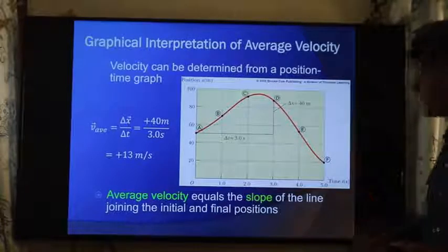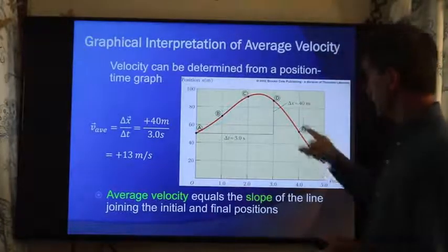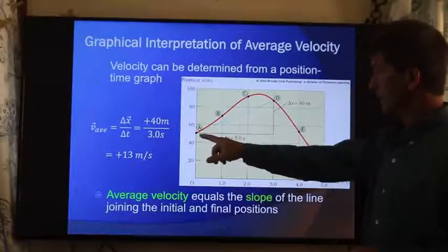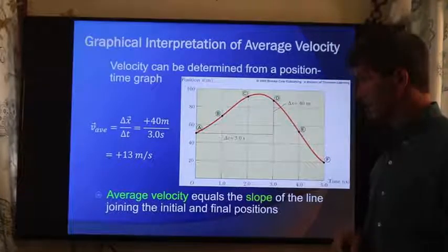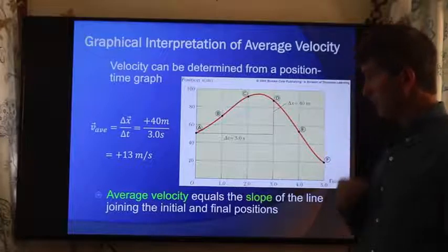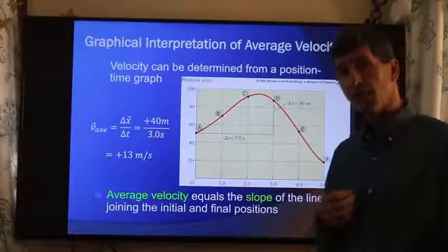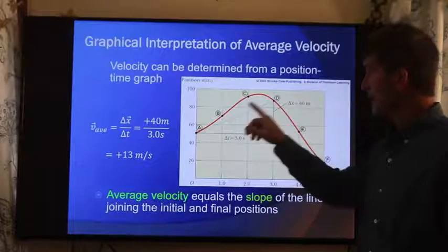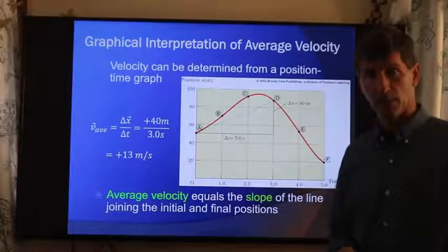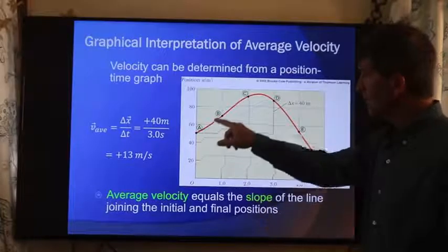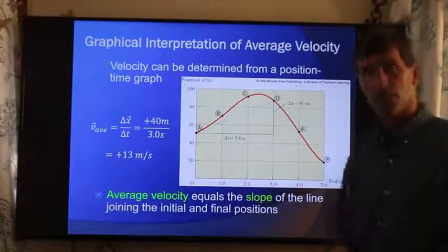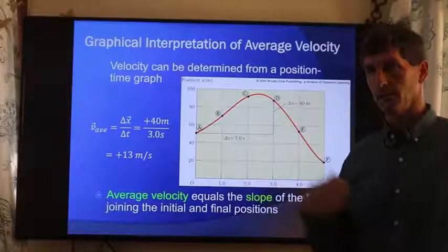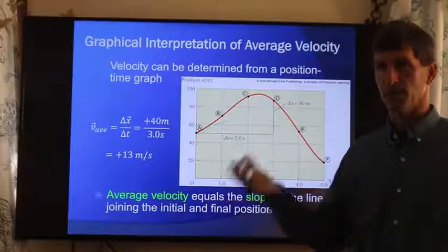Now in this case, we're going to graph position as a function of time. All right? Different positions at different times. If I want to know what was my average velocity traveling from A to D, okay, I notice that my slope goes up and my slope goes down. Slope at that point, instantaneous slope, is instantaneous velocity.